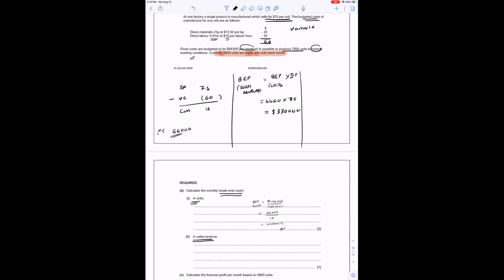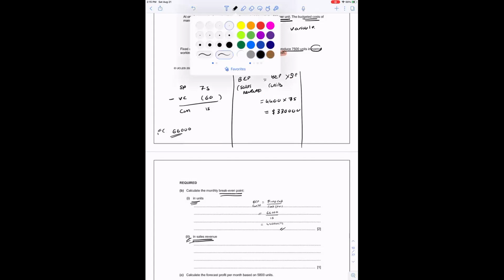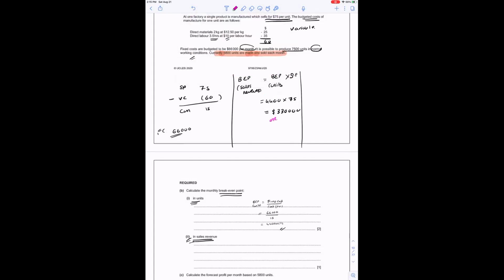Please note when they've asked you to calculate break-even point in sales revenue, you have the units, you have the selling price, so multiply. If you don't have this available, then you can find out the break-even point in sales revenue using the formula total fixed cost upon the contribution to sales ratio.